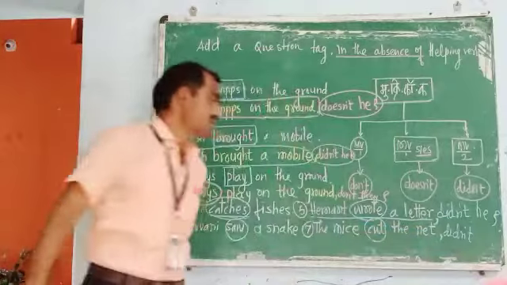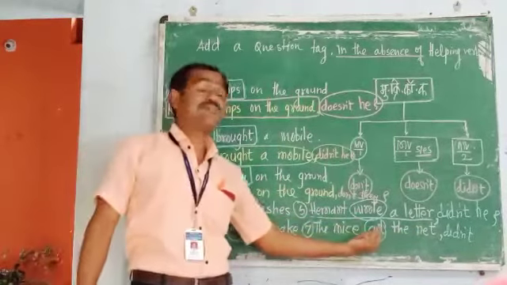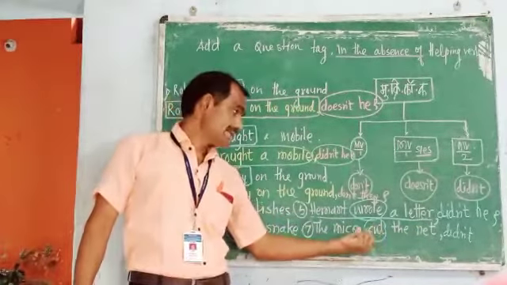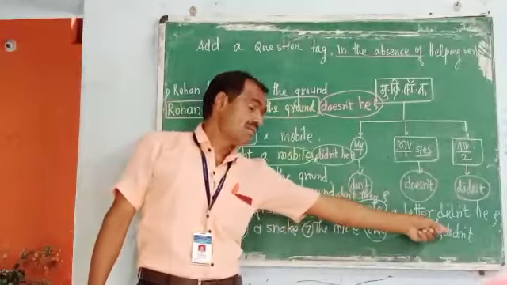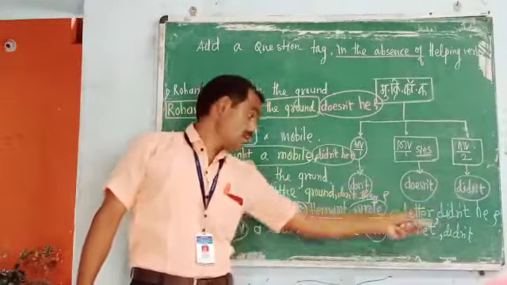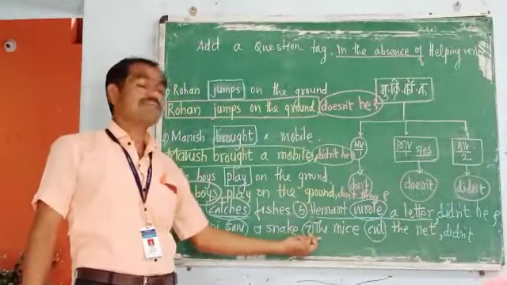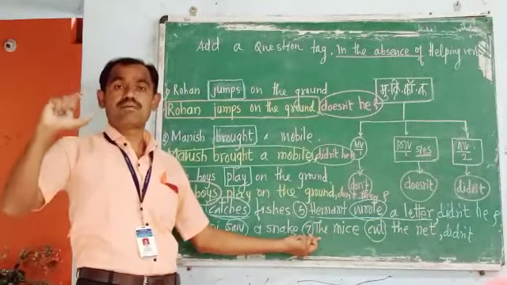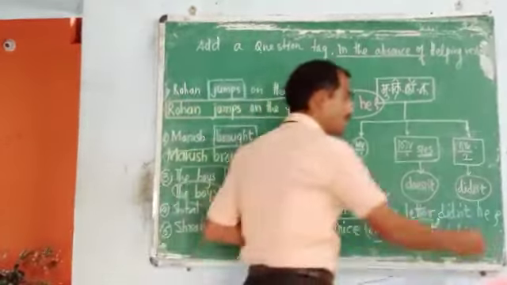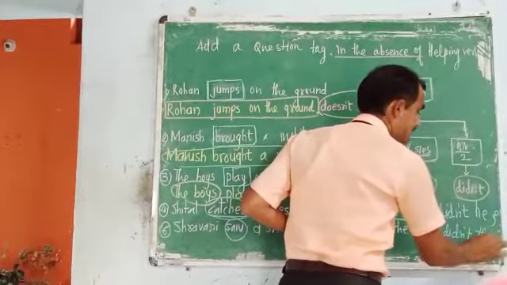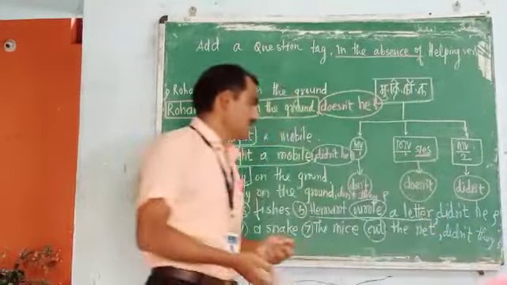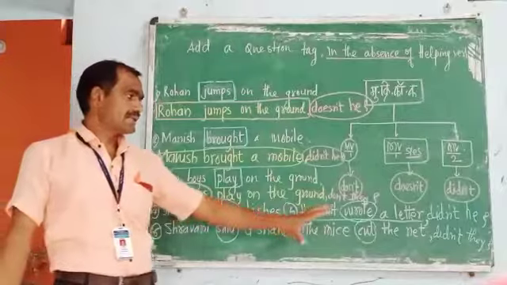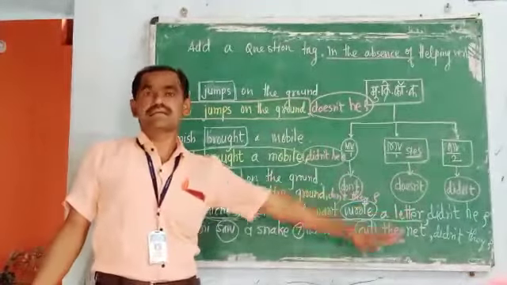Sometimes the situation of the sentence may be present tense, then in that case one can use don't. Then the mice: mice is the plural form of mouse, so we need to use they. In this way, the mice cut the net, the answer would be didn't they.